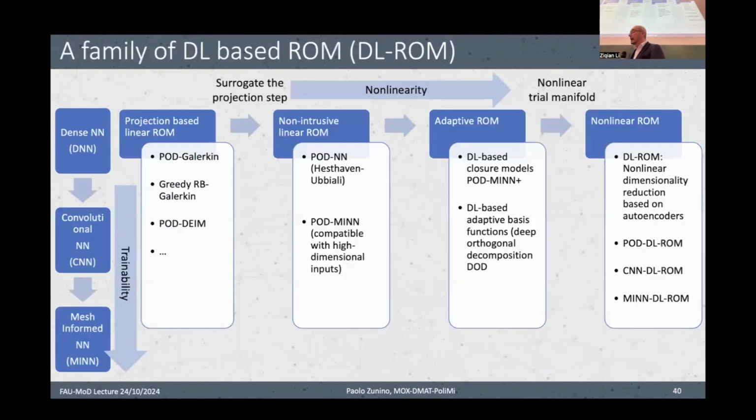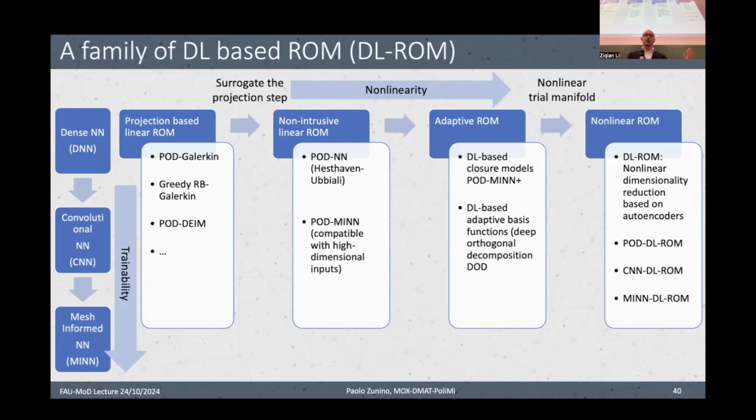And let me conclude by saying that this is not just one method, but can be interpreted as a family of methods, where we can design different approaches according to the level of nonlinearity and the level of trainability, leveraging autoencoders and this mesh-informed structure. So, for example, starting from linear classical projection-based approximation methods, we can introduce the pure DNN technique, and that can be extended to high-dimensional data using the POD-enhanced mesh-informed neural network technique.